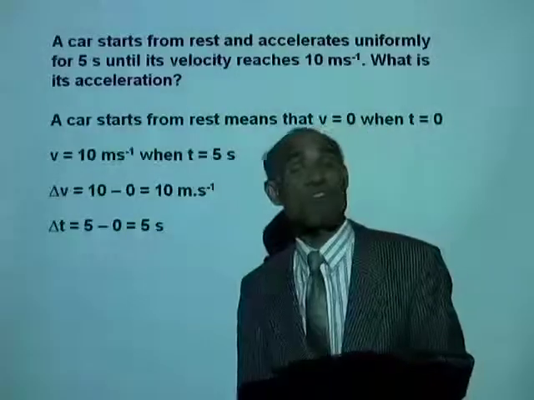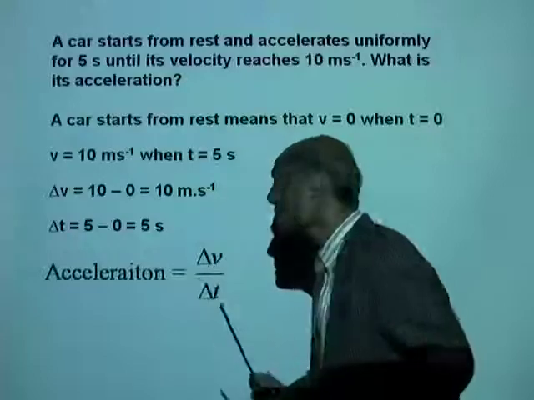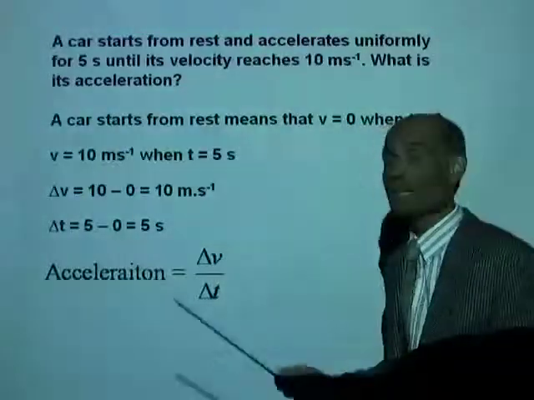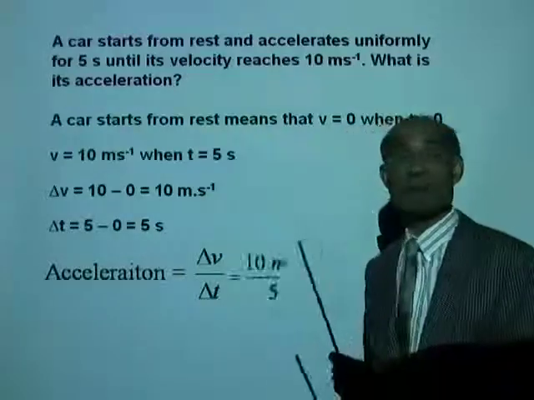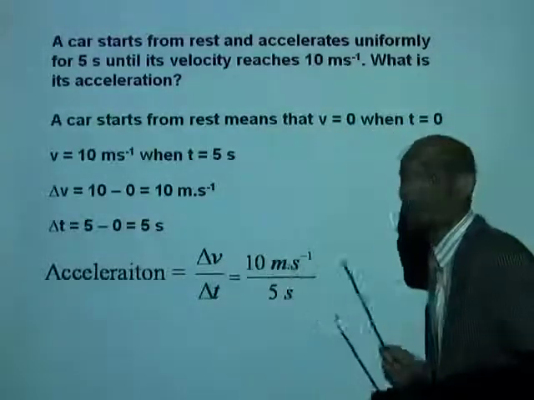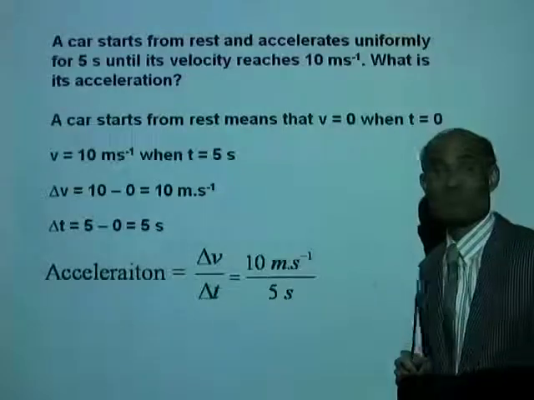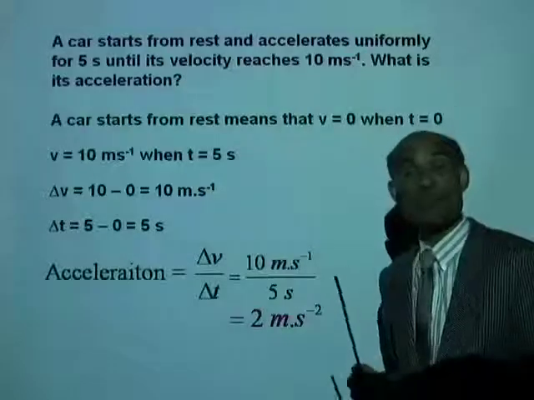What is the definition of acceleration? Acceleration is delta v divided by delta t, the change in velocity divided by the change in time. That will be 10 meters per second divided by 5 seconds. That will be 2 meters per second squared.